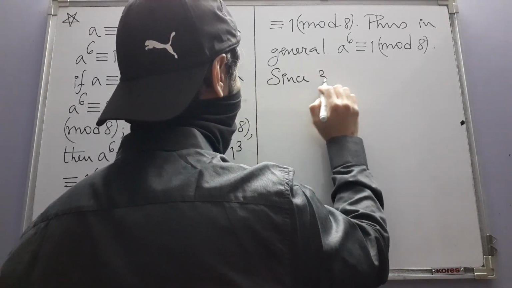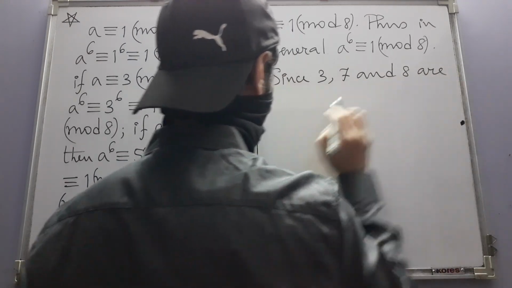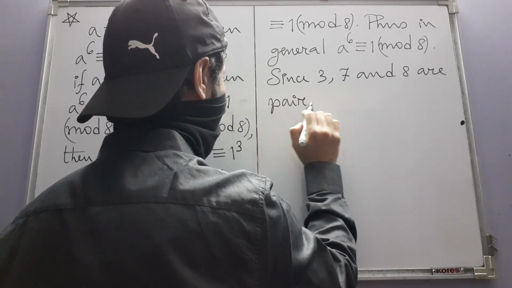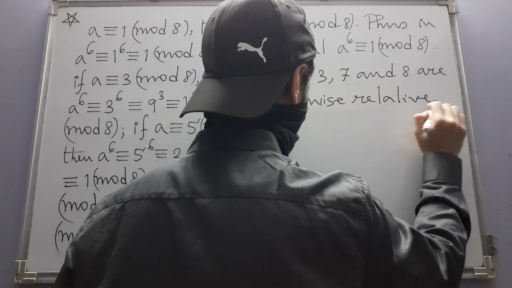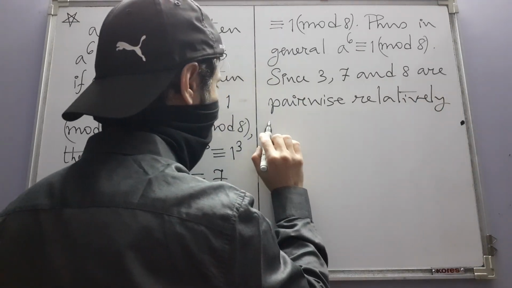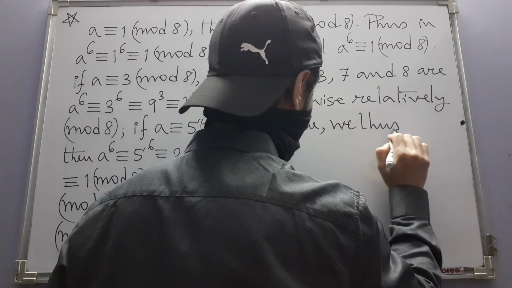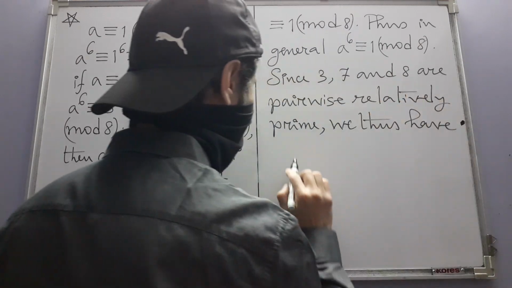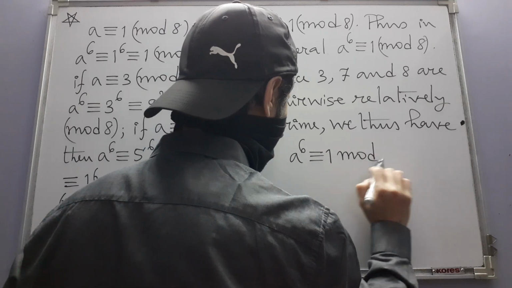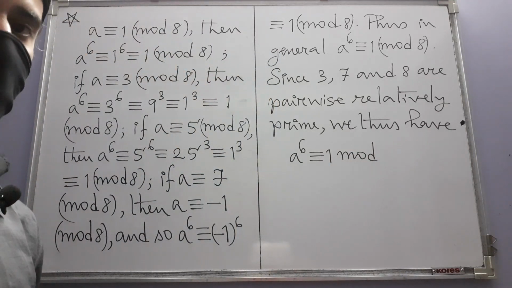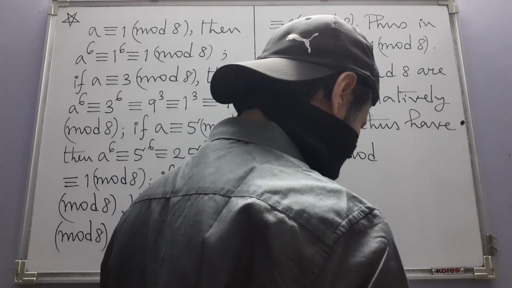Since 3, 7 and 8 are pairwise relatively prime, we thus have this, where we take their product as the modulus, and that is 168.